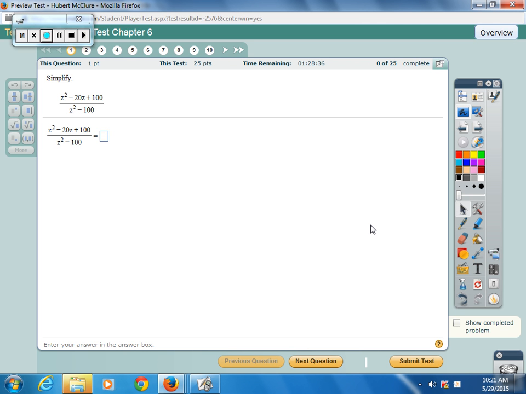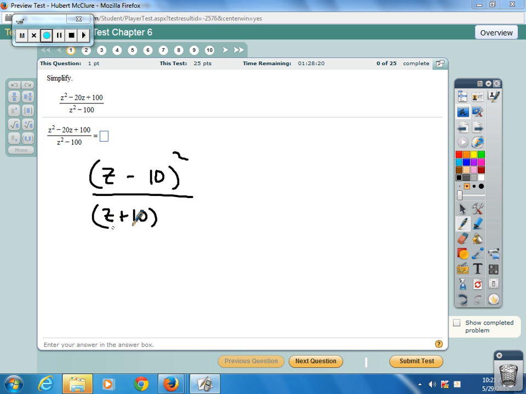All right? So this one should be easy peasy. Z minus 10 quantity squared over Z plus 10, Z minus 10, and that takes one of these out.